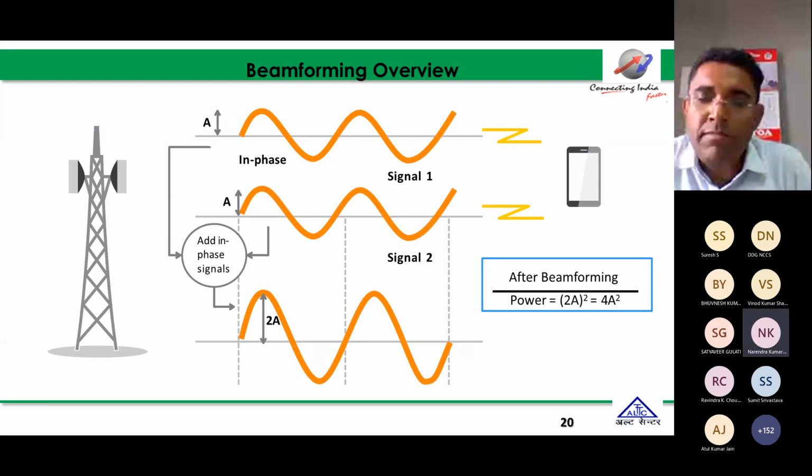If you add more and more dipole antenna elements in the antenna panel, the gain of the antenna becomes more and more, and the beam width of the antenna becomes lesser and lesser. That is the concept of beamforming.